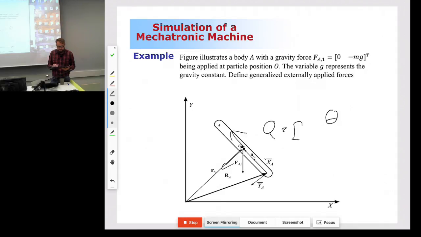Again, I apologize that this is very unclear writing. It is 0, minus mass multiplied by the gravity constant. The third component associated with angle theta, what would that be in this particular case, if the body reference coordinate system is located such that the force is applied at the origin of the body reference coordinate system?